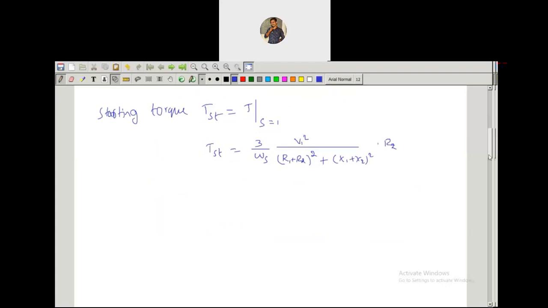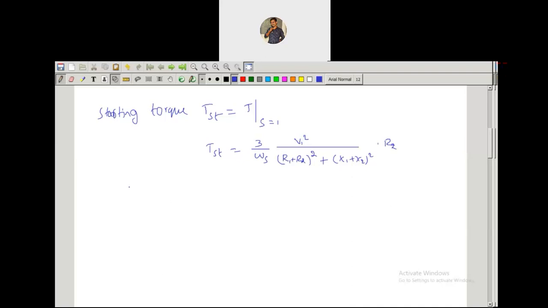Now here, for an induction motor at high frequencies, we can neglect the resistance value, that is R1 plus R2, when comparing with the reactance values X1 plus X2.